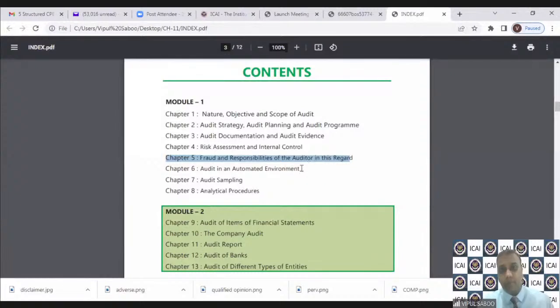Then some miscellaneous chapters were there, audit in an automated environment. Then what is audit sampling, a very important technique used in audit, and what are analytical procedures. So with module 1, you completed the basics of your audit and some techniques of audit.